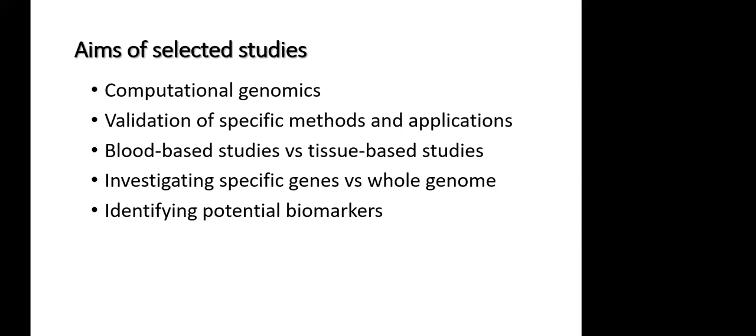We also looked at other papers that investigated specific genes, while other papers looked at whole genome. And then other papers were identifying potential biomarkers. So you kind of want to ask yourself, which papers are relevant to what it is that I want. Sometimes when you start your scoping review, you're not sure yet what you're going to find.